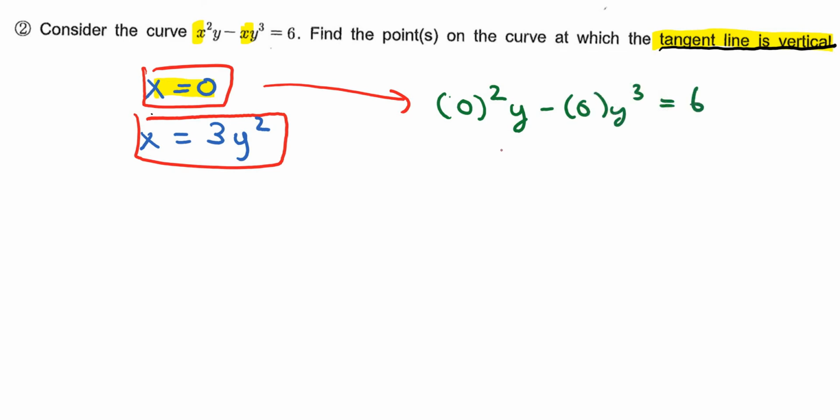And that doesn't really help me because this is 0 minus 0 equals 6. So obviously 0 does not equal 6. So what that really means is x equals 0 gives us no solutions here. Okay, so since we don't have any solutions there, we need to go ahead and work with the other expression, which is now x equals 3y squared.